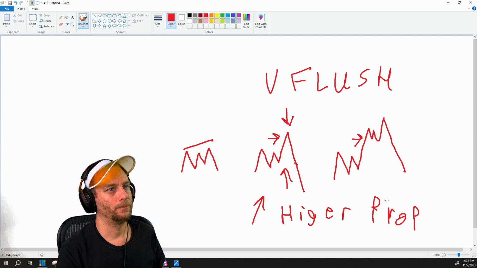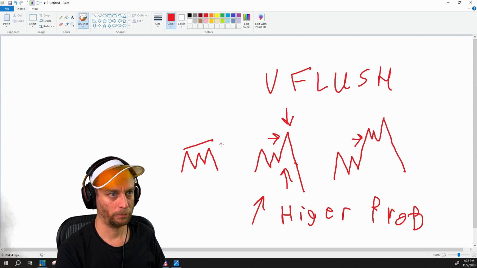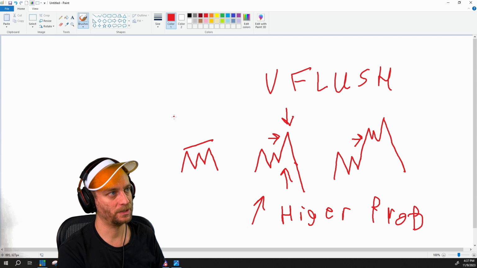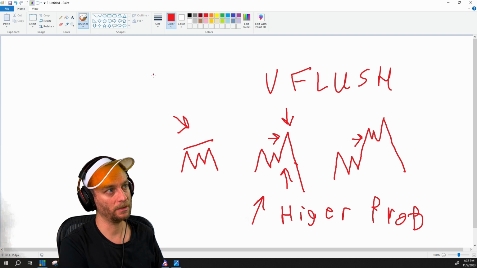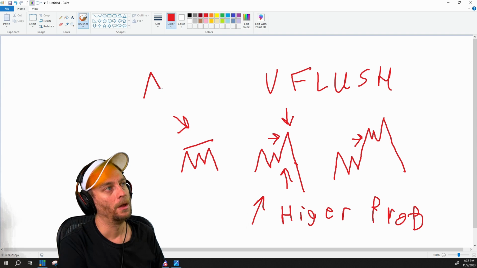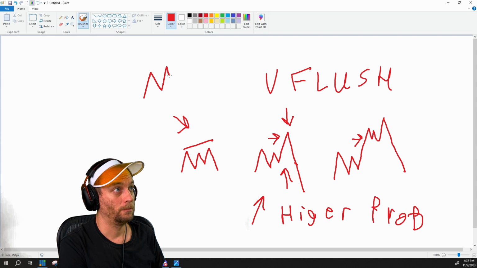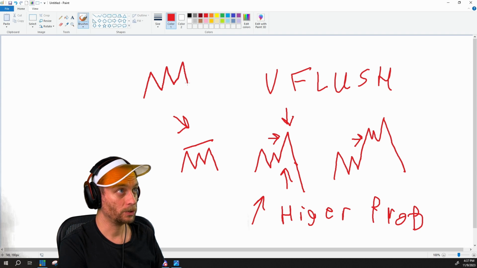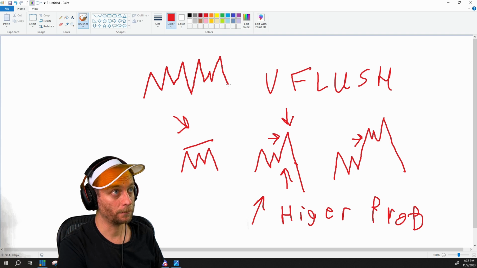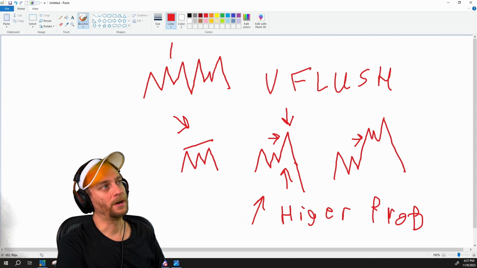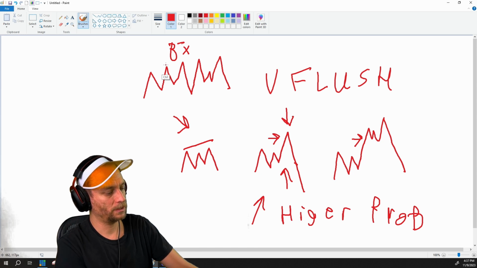Higher prob versus just a single top tick like this. Now, if you have something where it's top tick 1, top tick 2, bottom tick, top tick 3, top tick 4, well, this is a BTX 4, or sorry, TTX 4.